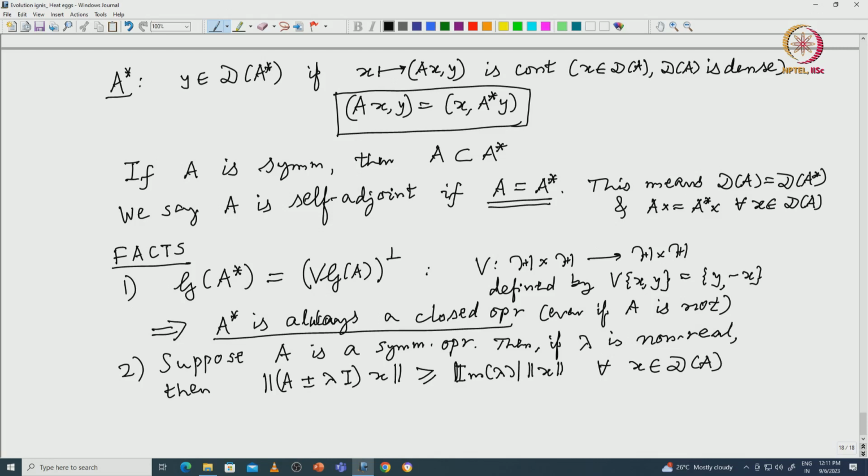So when it is onto also, then suddenly it is going to be a self adjoint operator, that we will see. Okay.